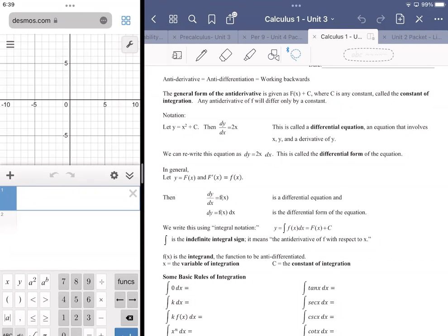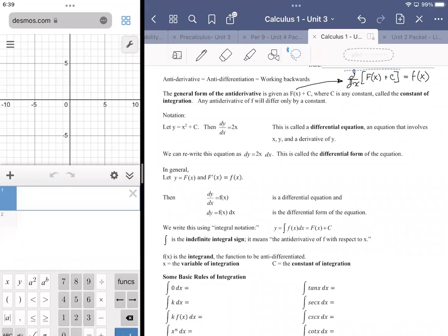The general form of an antiderivative is given as capital F of x plus C. What that would mean is that the derivative with respect to x of some function capital F of x plus C would be equal to lowercase f of x. The C goes away because the C is constant.